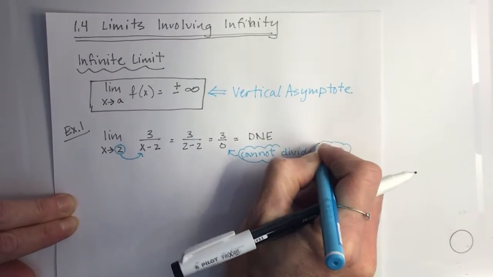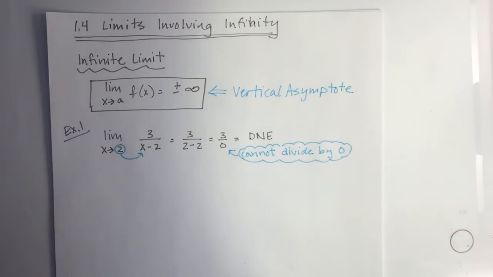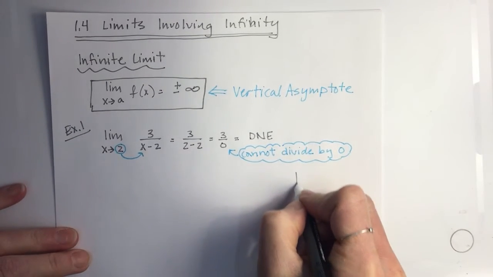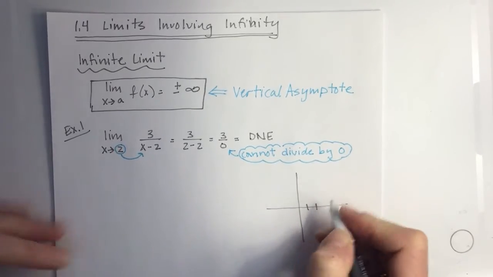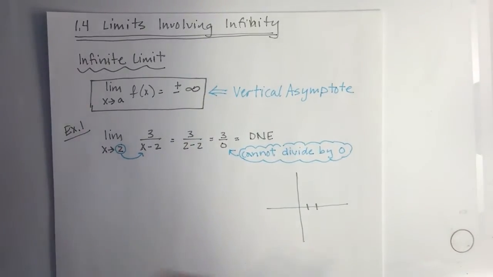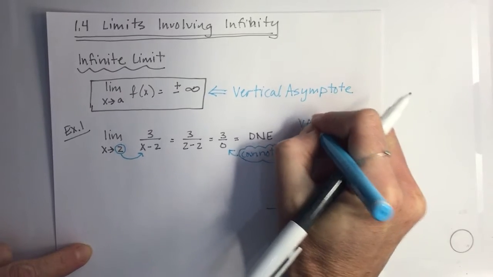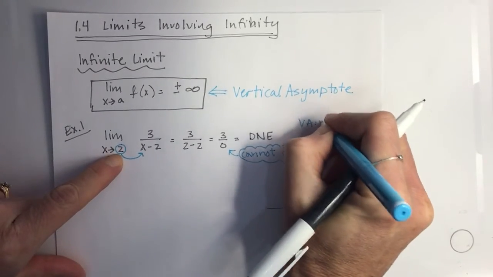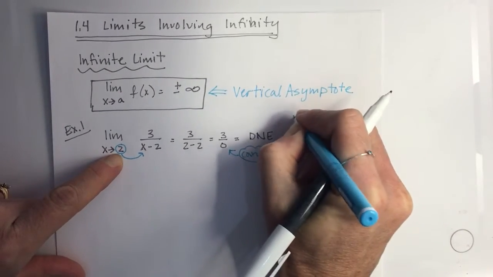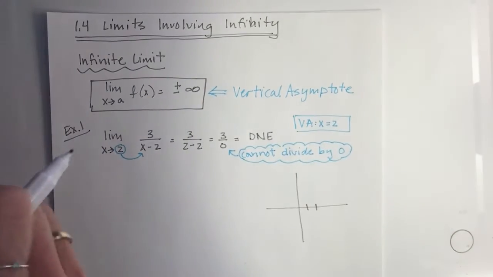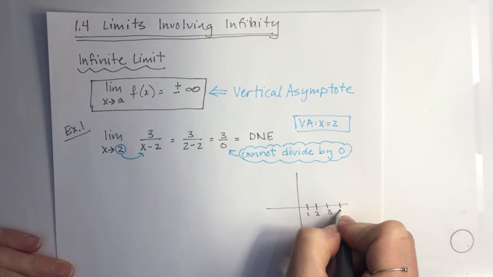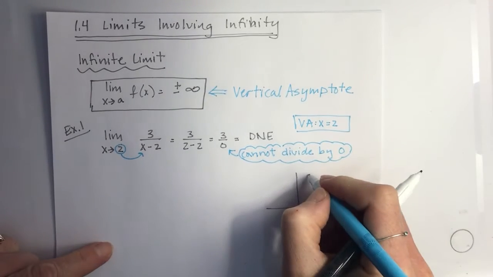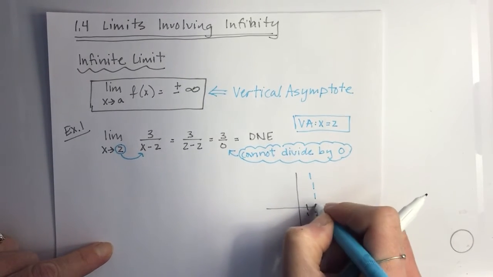So immediately we could draw something on this graph, right? We can say at x equals 2, we have a vertical asymptote. VA: x equals 2. So we could draw it, 1, 2, 3, 4, say, and we can draw this asymptote on our graph.